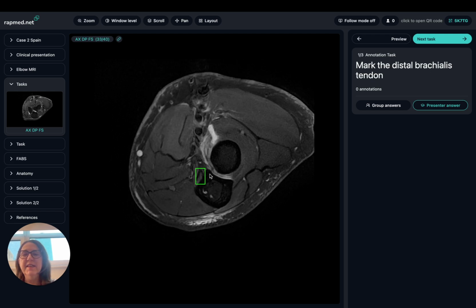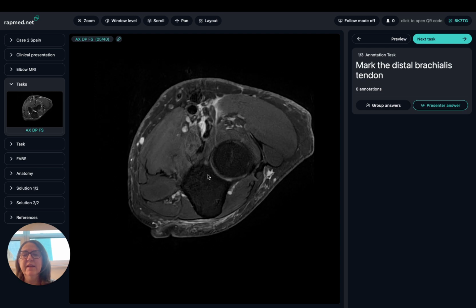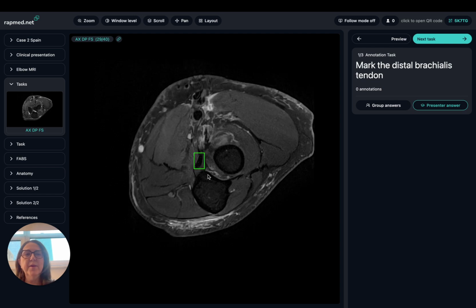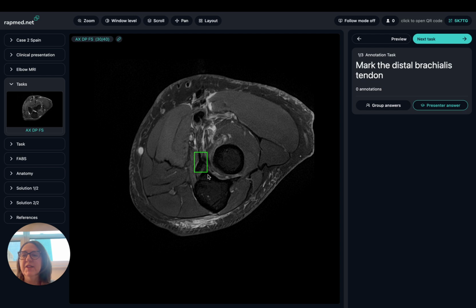And as you can see here, next to the biceps tendon is the distal brachialis tendon that's going to insert not in the radial tuberosity but in the ulna.